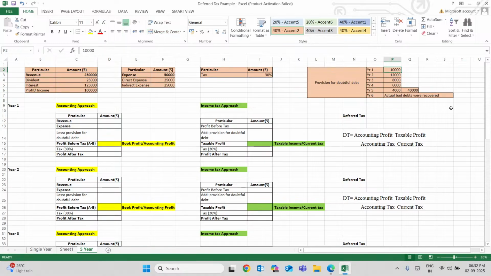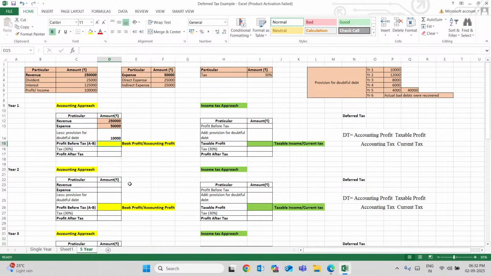So we have here year 1, year 2, year 3, year 4 and year 5, that is a total actually provision for doubtful debt. So we are going to take this amount and we are going to put under this, right? And we have a provision for doubtful debt, that is our 10,000, right? So we will put 10,000 right here.